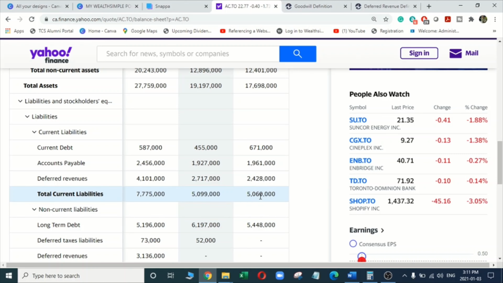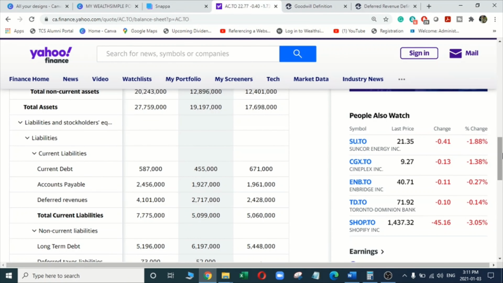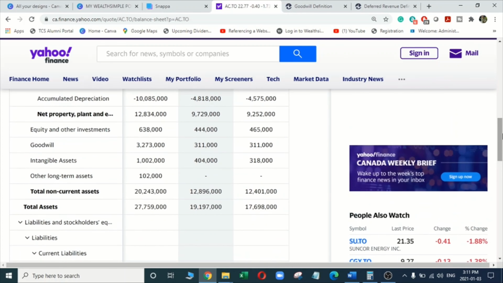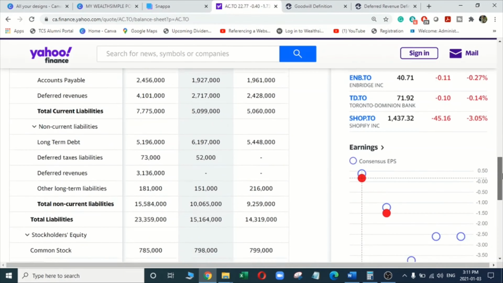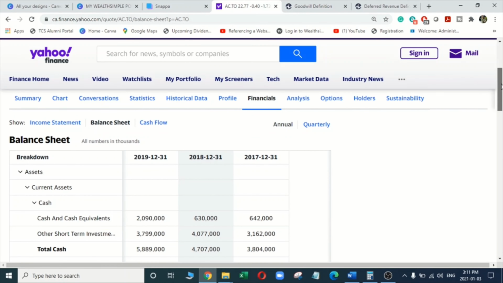In 2017 it was near about 5 billion, again near about 5 billion, then it jumps to 7.7 billion, which is a good hike in liabilities. So if the liabilities are increasing and the assets or the cash are decreasing, that means the company will struggle in the future. So this is all about the financial statement of Air Canada.